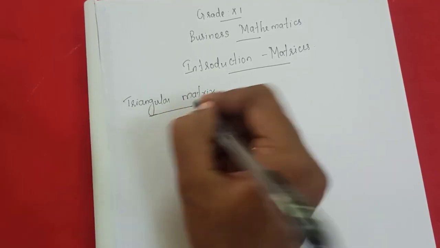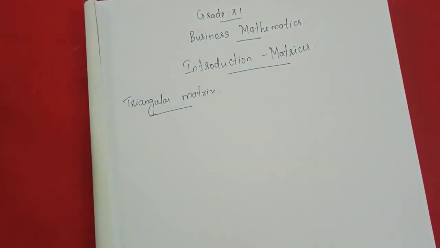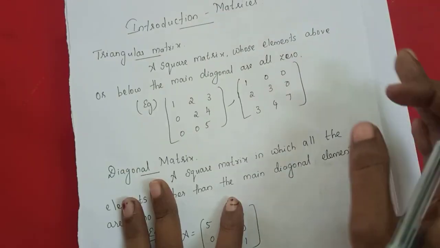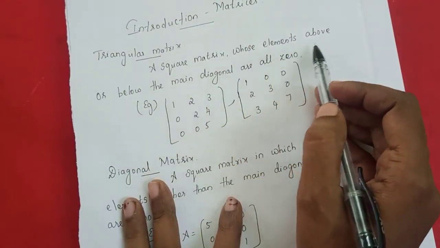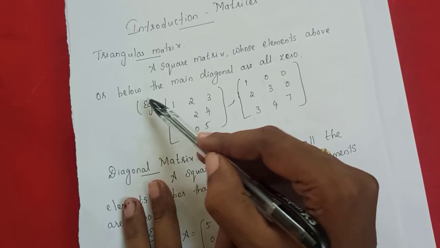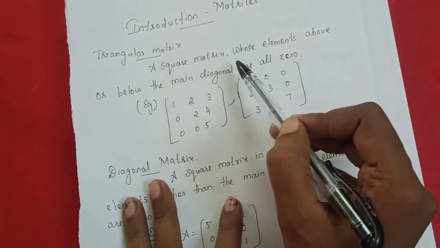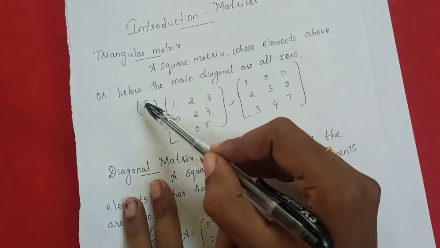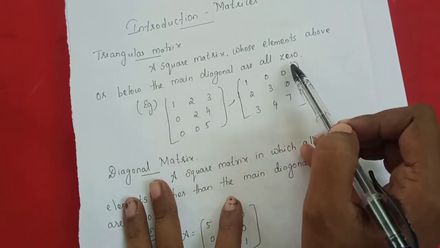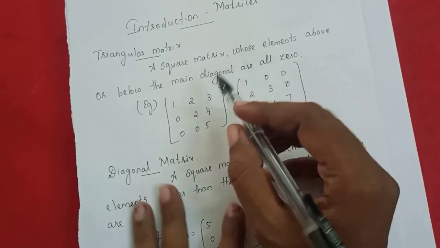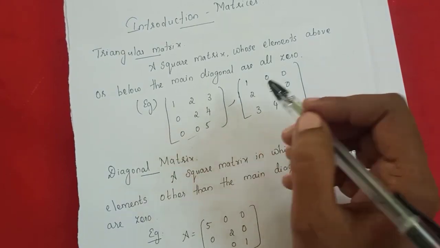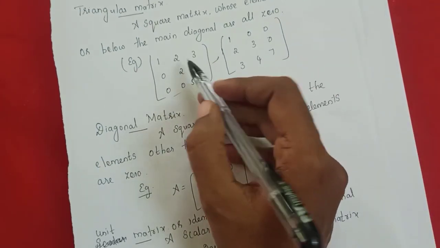Triangular matrix. The meaning of triangular matrix is, just see this, a square matrix whose elements above or below the main diagonal are all 0, okay? The meaning is, it is a square matrix. That day I taught you square matrix means what?